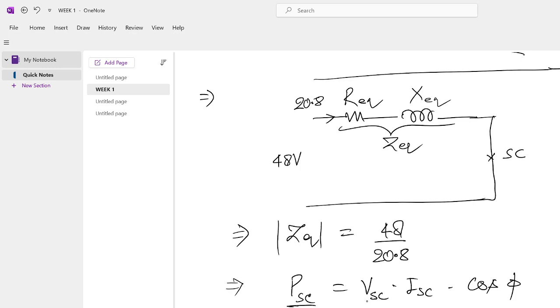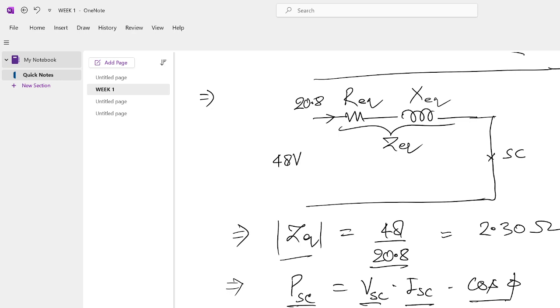So we have PSC, VSC, ISC. Z equivalent is 48 divided by 20.8, that is 2.30 ohm.